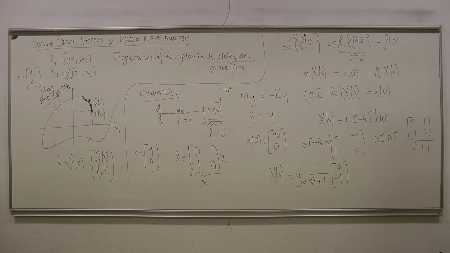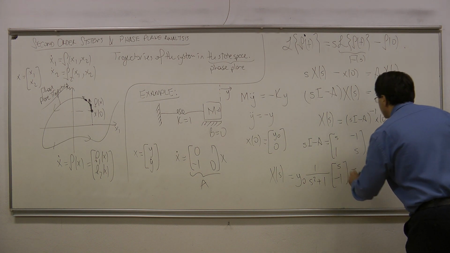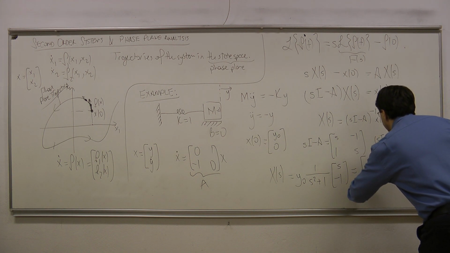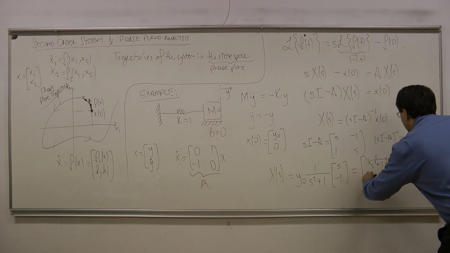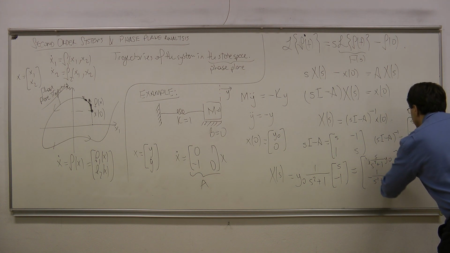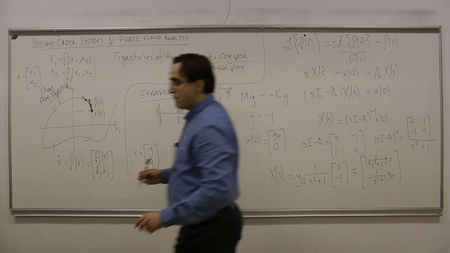Okay? If I write this in terms of its elements, I would have s over s squared plus 1 times y0, and minus 1 over s squared plus 1 times y0 here. Okay?